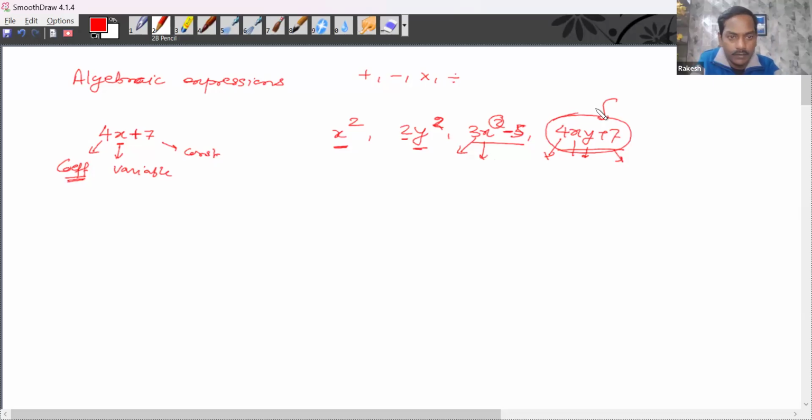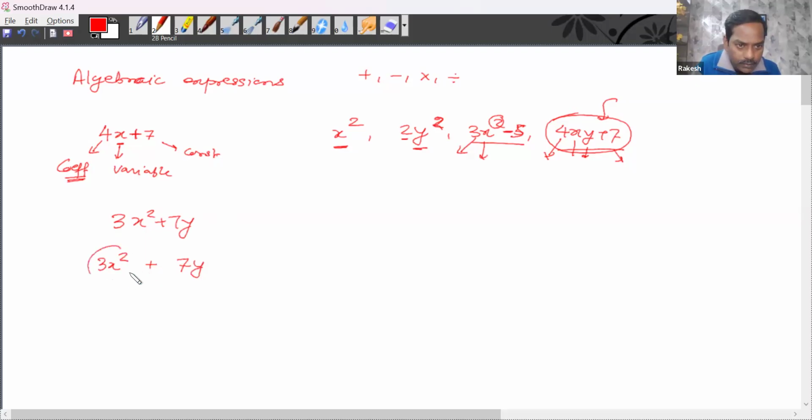So I hope I have given enough time for understanding the algebraic expression. Now let us further dissect it. If I write any algebraic expression, for example, 3x square plus 7y, this is also an algebraic expression, right? Here we can see that this algebraic expression is formed by the combination of 3x square and 7y with a mathematical operator plus, or addition.